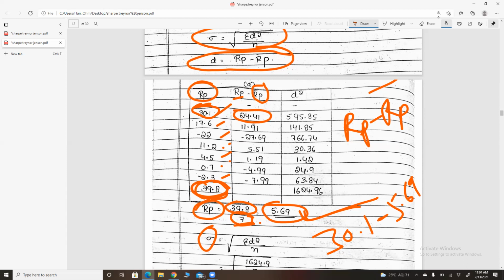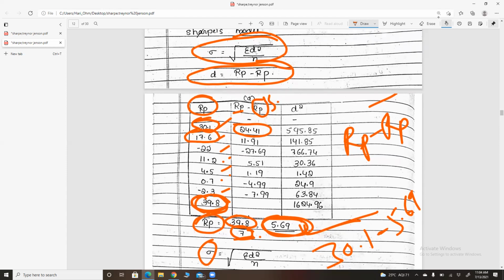Then 17.6 minus 5.69, that is R bar p, you get 11.91. Like that, calculate for all.